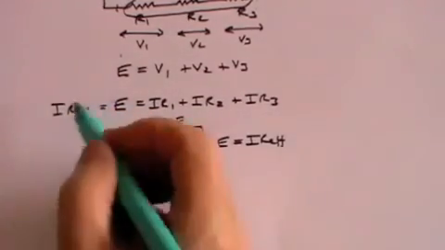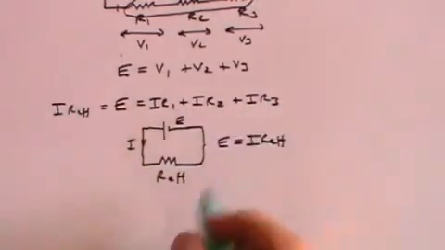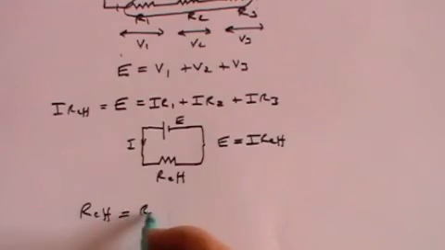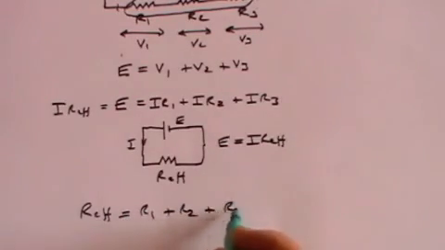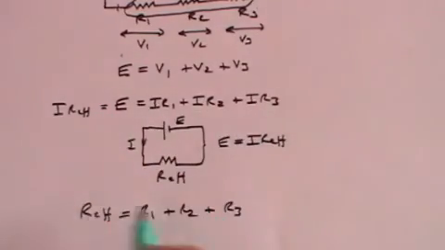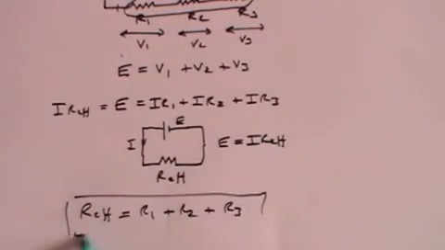And now all you have to do is cancel out all the I's, and you get that R effective equals R1 plus R2 plus R3. And that's the formula for resistors in series.